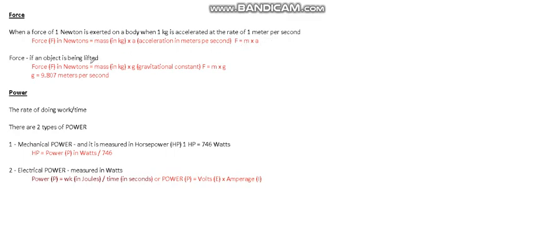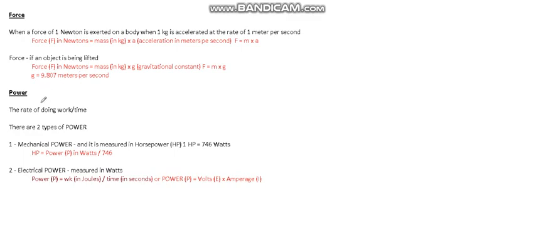If the object is being lifted, then we use a different formula that gives consideration to gravity. And that is force in newtons, again, is equal to the mass in kilograms times g. So force is equal to m times g, mass times gravitational constant. That gravitational constant is 9.807.